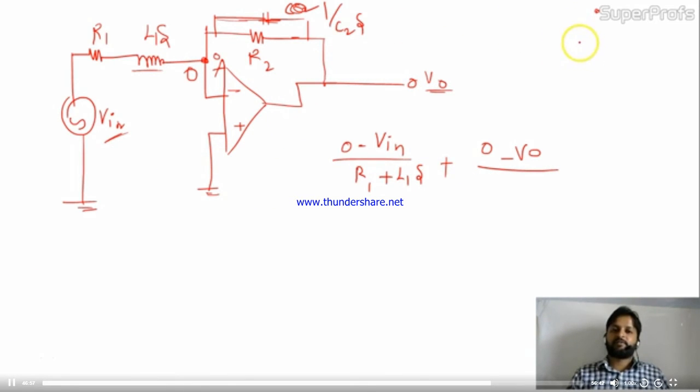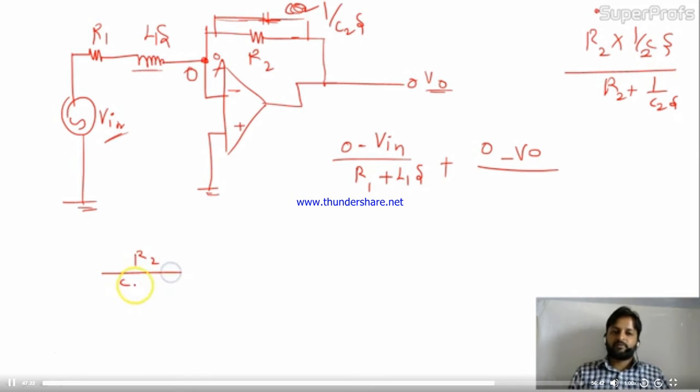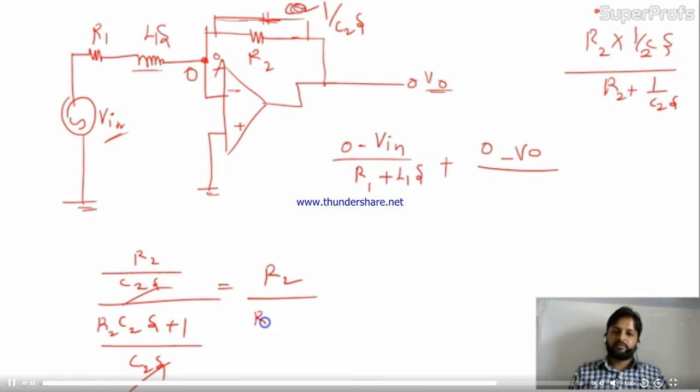If you resolve this, it becomes R2 into 1 by C2S divided by R2 plus 1 by C2S. So this is R2 by C2S, and here it's R2 C2S plus 1 divided by C2S. C2S will cancel out, and we remain with R2 C2S plus 1.